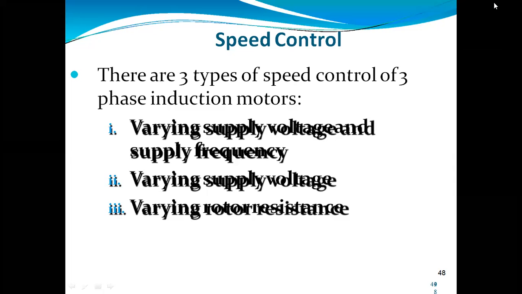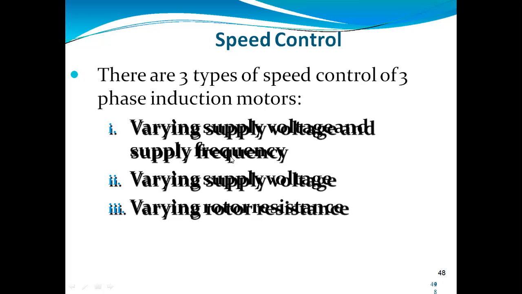So here we take slip equal to N_s minus N upon N_s. We have already seen that the speed of the three-phase induction motor is related to the supply voltage, whichever voltage we are giving. It is also related to frequency, because from the formula we can see that synchronous speed depends on frequency.